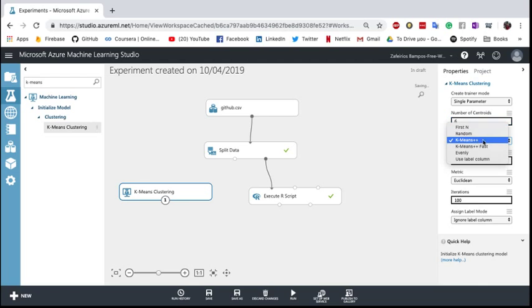Microsoft has a lot of k-means related methodologies and algorithms here, but we're just going to use the default one. We're going to use the Euclidean distance metric, and we're going to have 100 iterations in order for the centroids to be positioned at the points where they have to be.